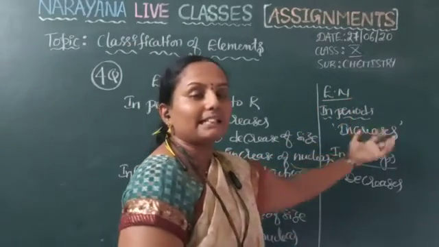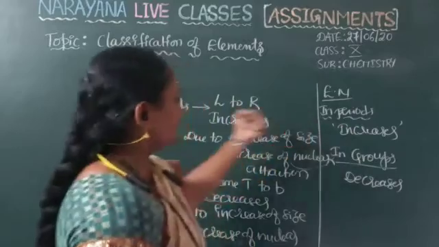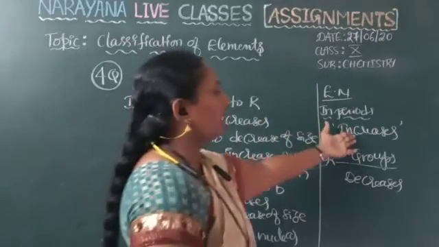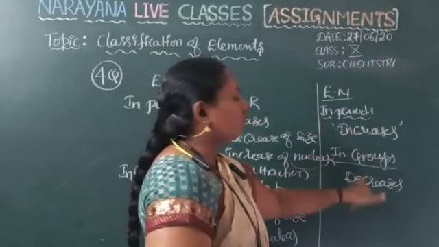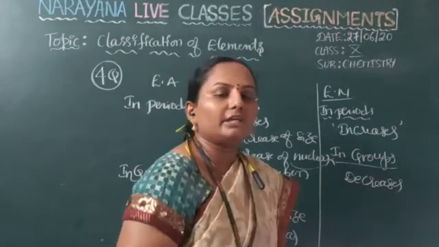Electronegativity is nothing but attraction. So in periods from left to right, electronegativity increases, and in groups from top to bottom, electronegativity decreases.